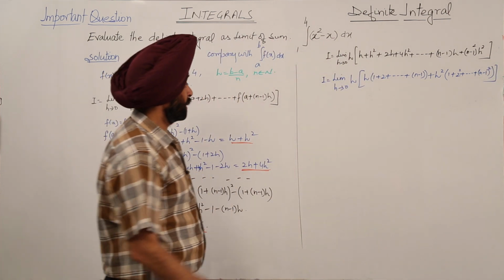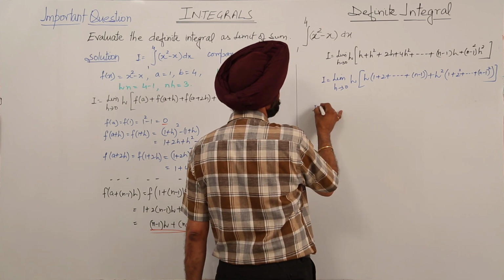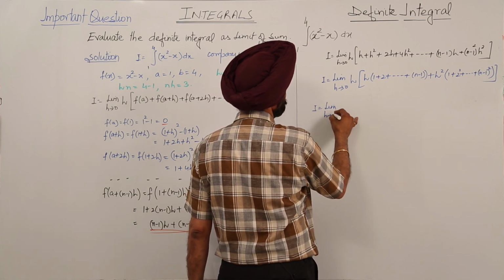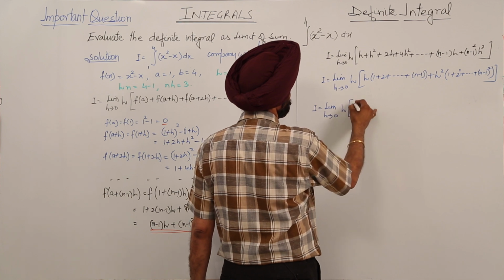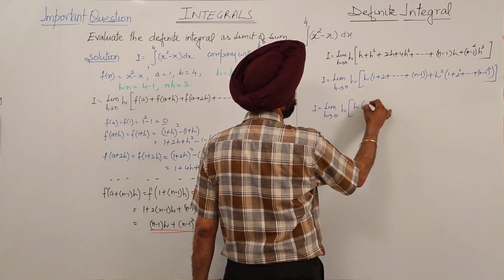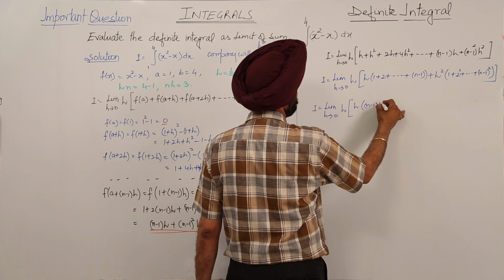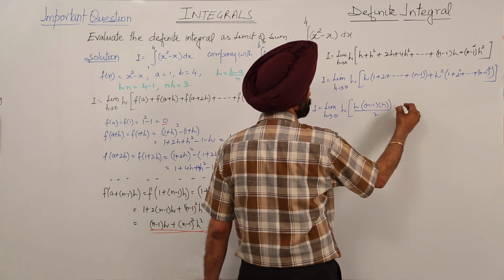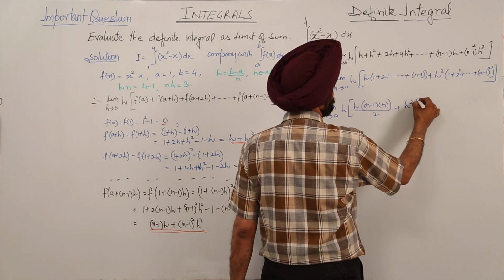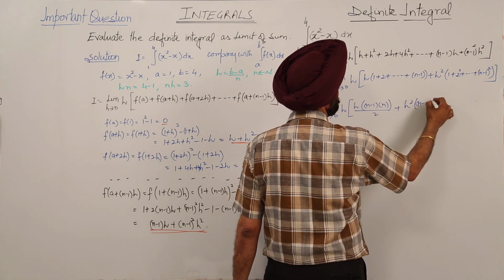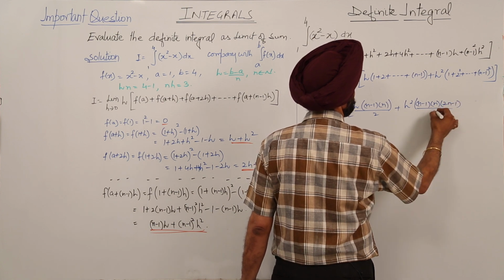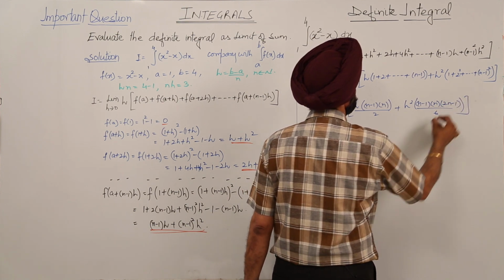Is it clear? Now this becomes limit h approaches to 0 of h times (n minus 1)n upon 2 plus h square times (n minus 1)n(2n minus 1) upon 6.